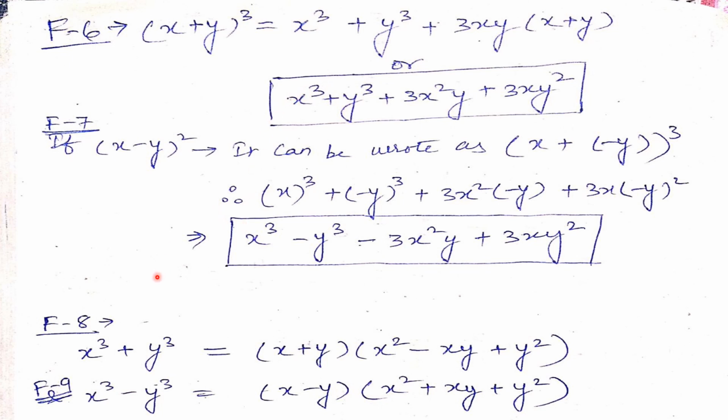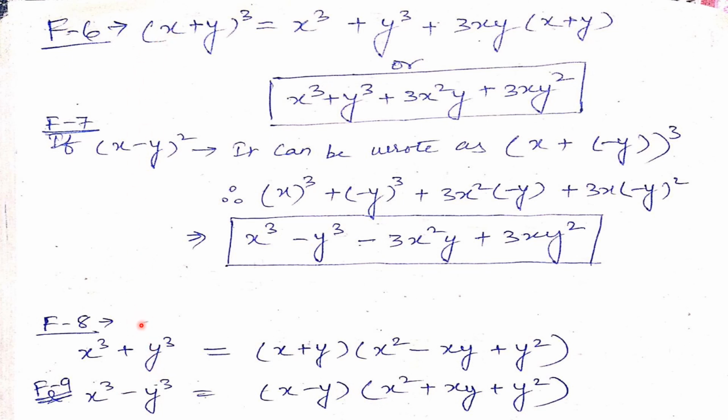Okay. Now in this we got, this is the factor form and this is the expanded form. I have told you when there are signs of positive in between, that form is known as expanded form. Now a confusion comes in this formula, that is (x + y) whole cube, and this formula, that is x³ + y³. Many people take them as same. Do you think they are same?